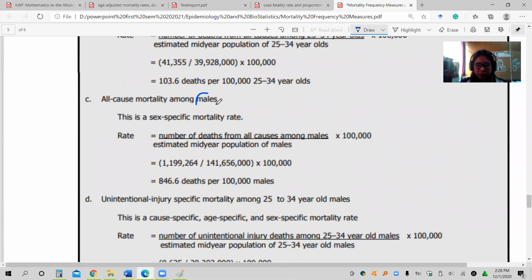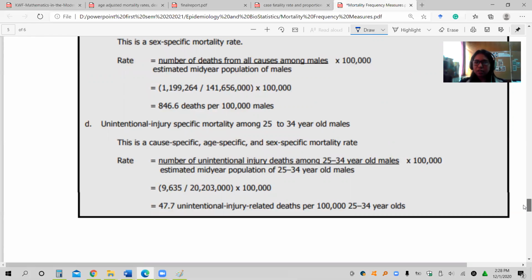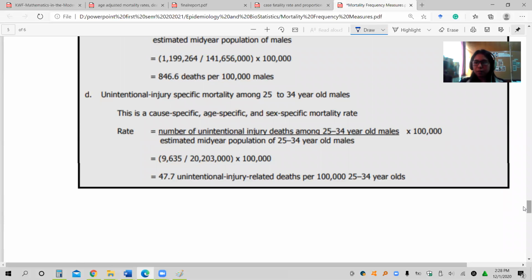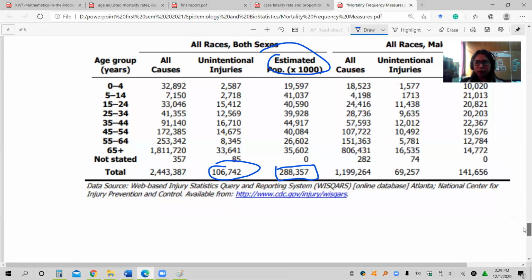We have the word here, males, which means we will only consider the estimated mid-year population of males. And then for letter D, this is unintentional injury specific mortality among 25 to 34 years old. So you also have to look at the table again to determine the number of unintentional injury deaths among 25 to 34. And the denominator is the estimated mid-year population of 25 to 34 years old.